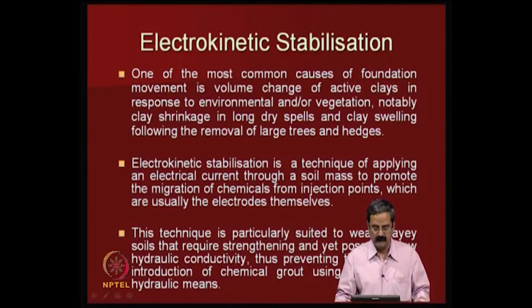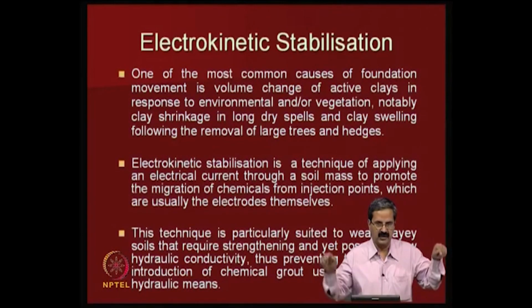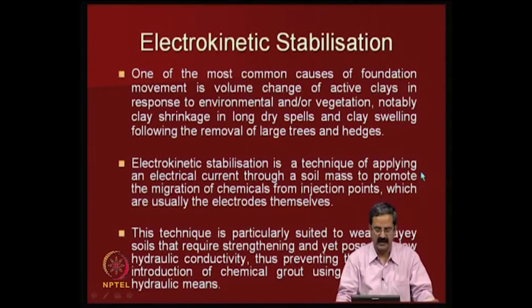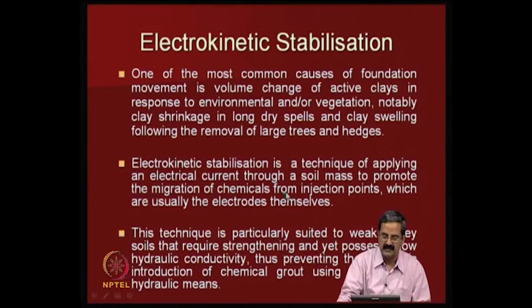We also introduce some chemicals, so that we have some injection wells, and once you apply the electrical gradient, you have a cathode and an anode, there is a movement of ions, and that draws water with it. When the migration of ions takes place, whether it is cations or anions, water is also moved in that process, with the result that you have stabilization occurring.